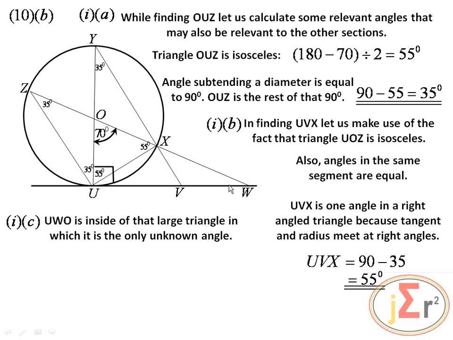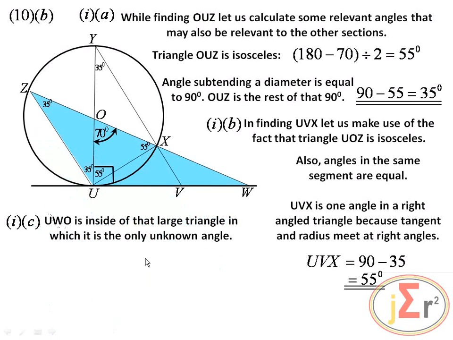But UWO. Maybe it would have been easier to say UWO than UWZ, and at any rate, because we have this right angle here, and this is 70, and this completes the angle.